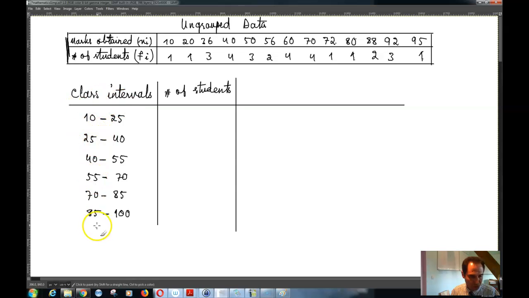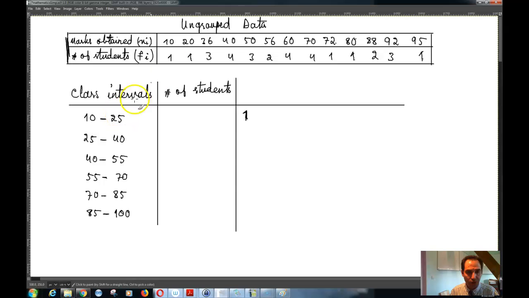It's up to me what to do here. Each of these numbers will fall within one of these class intervals. For example, 10 will fall over here, so I put a tally mark, a frequency of 1 here.